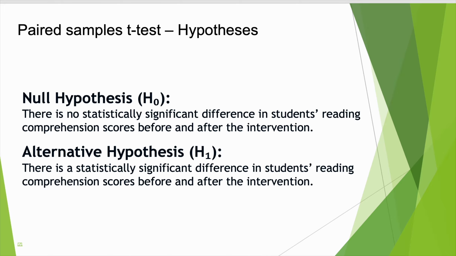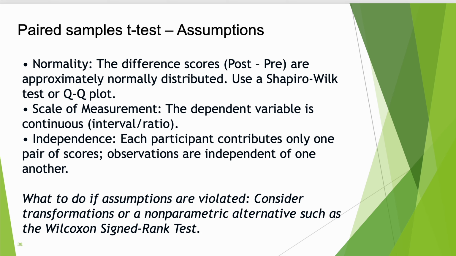Therefore, our null and our alternate hypothesis are going to be there's no statistically significant difference in what you're measuring before and after the intervention, or there is a statistically significant difference in what you're measuring before and after the intervention. And I would probably say as we're moving towards dissertations and studies, we would replace the intervention with what the intervention actually is.